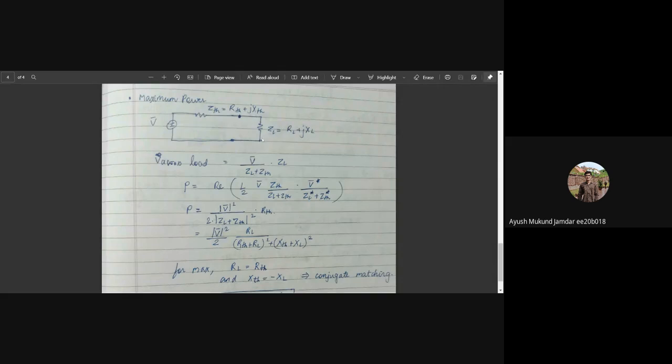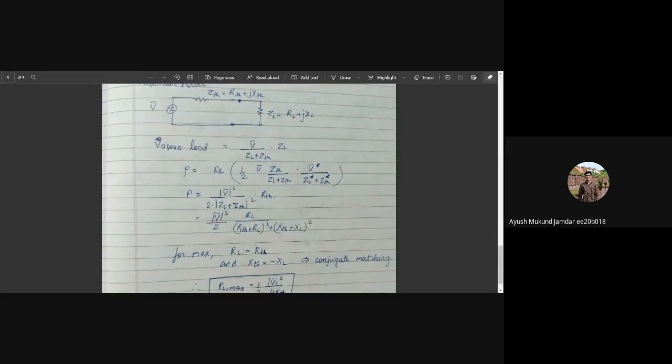So we want to maximize the power delivered to the load from this circuit. This Thevenin equivalent may be a representation of a larger network, and to maximize the power delivered, let's see what the equations say.